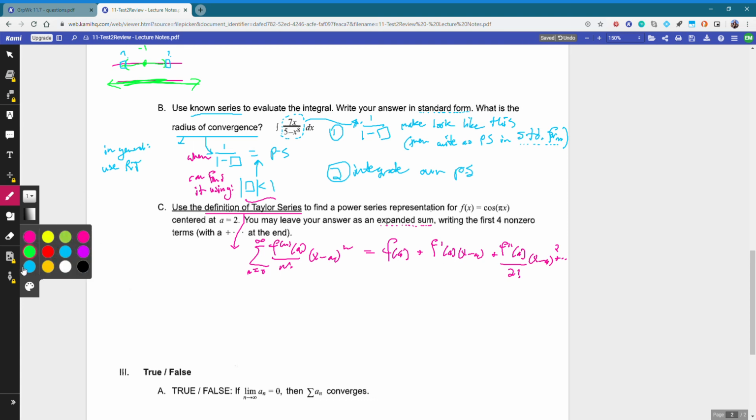And so whenever we're wanting to use the definition of a Taylor series, we're going to be computing derivatives.